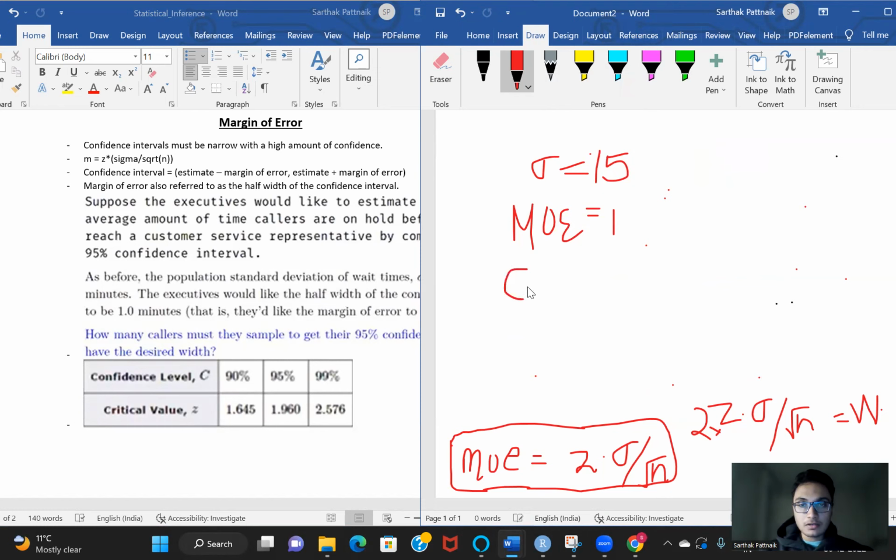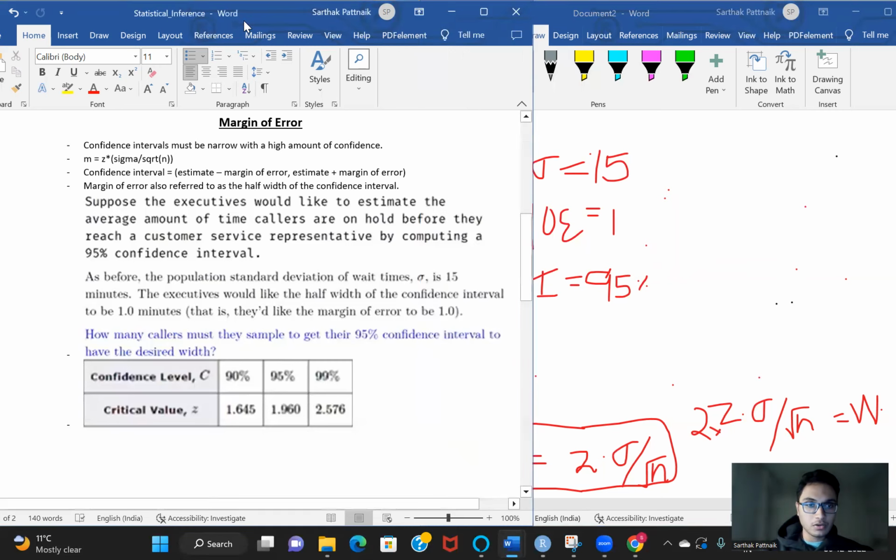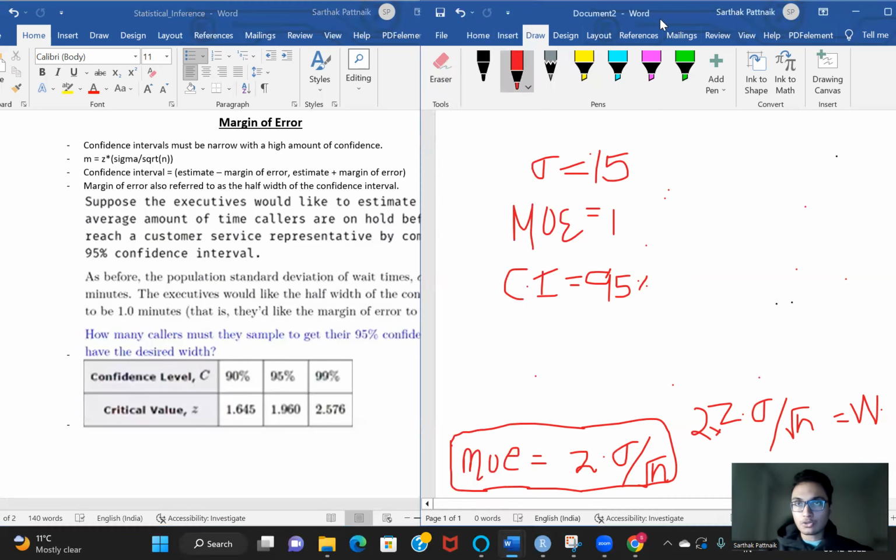My confidence interval for this question is 95%. We need to calculate the value of n, which is the number of callers.